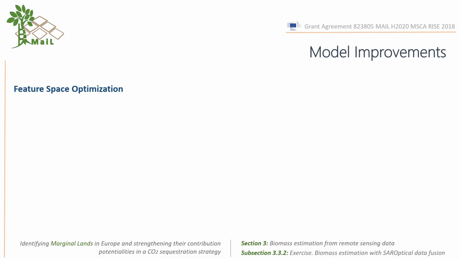To avoid this, unnecessary and unimportant features can be discarded from the feature space, thus optimizing it. Next is hyperparameter tuning, and that is setting the random forest function parameters to affect its learning performance.